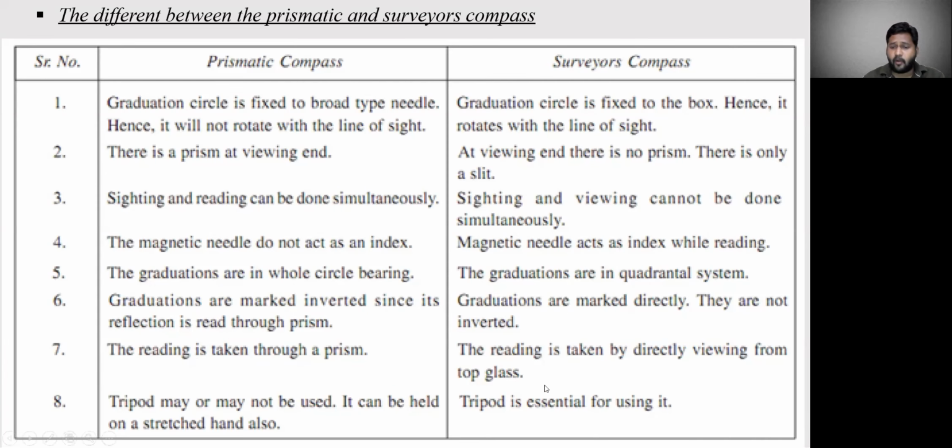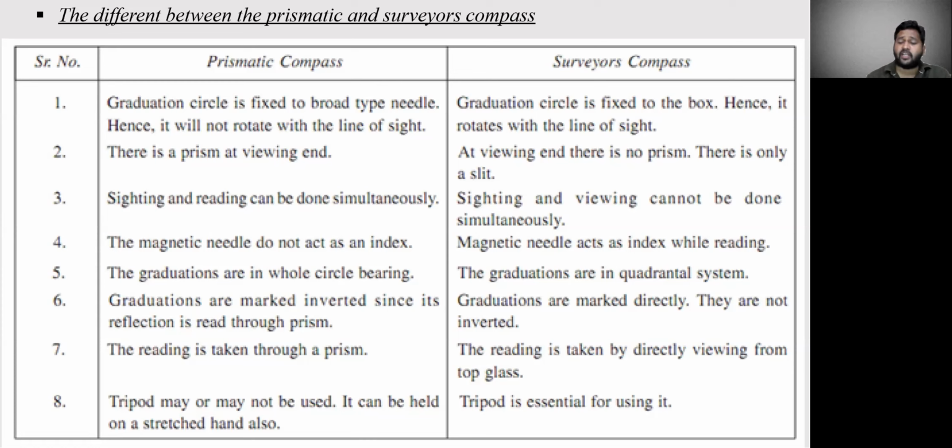A tripod is essential for the use of the surveyor compass. When you are using the surveyor compass, you should have the tripod. The tripod is nothing but three legs, and at the top there is a provision where we fix the surveyor compass or prismatic compass.